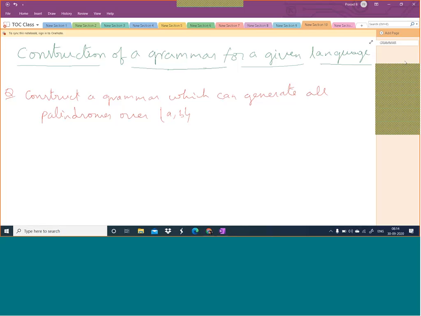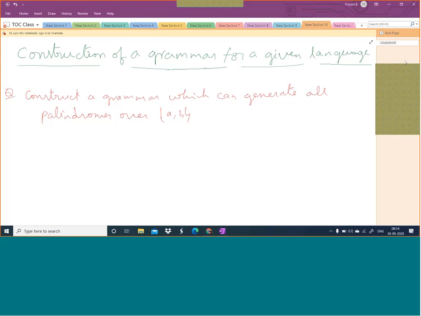What is a palindrome? Numbers such as 1 2 1. Here, what is the least palindrome? A palindrome means that if you read the string from the left side or from the right side, you will get the same string.